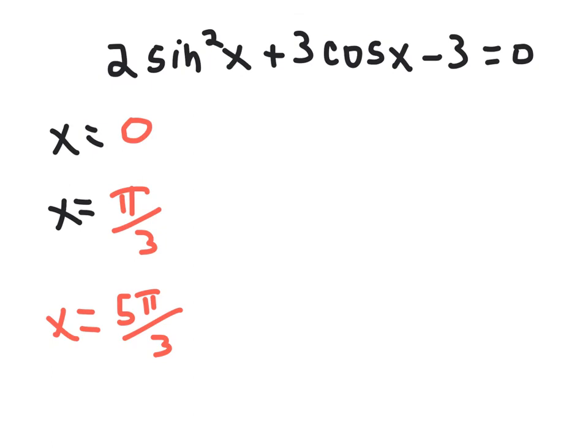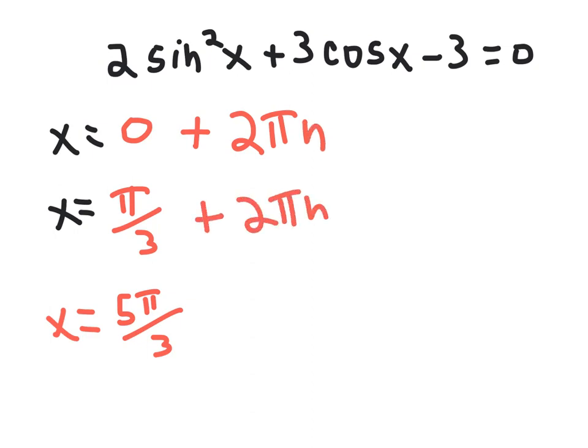So therefore, I have to add on my plus. Now remember, the period of sine and cosine is 2 pi. So I'm adding on plus 2 pi n, plus 2 pi n, and 2 pi n.